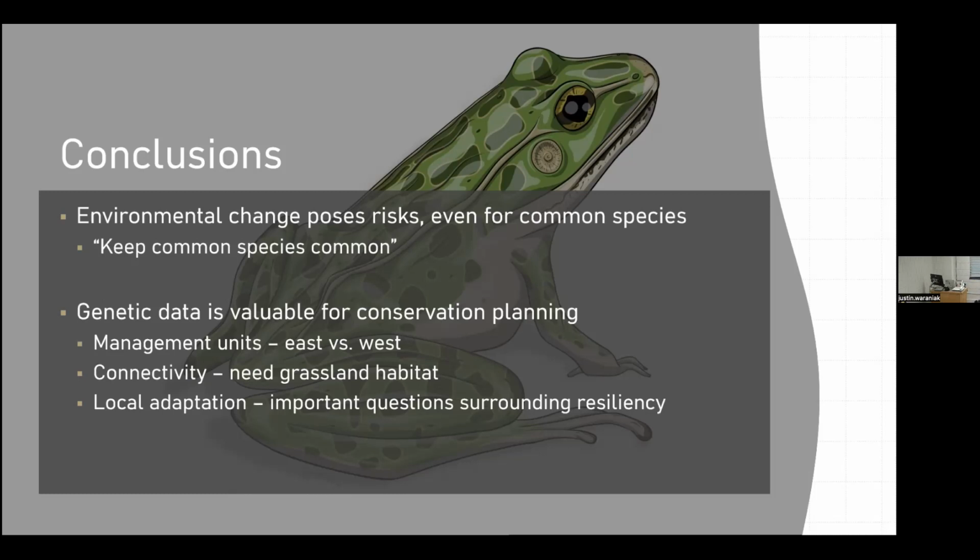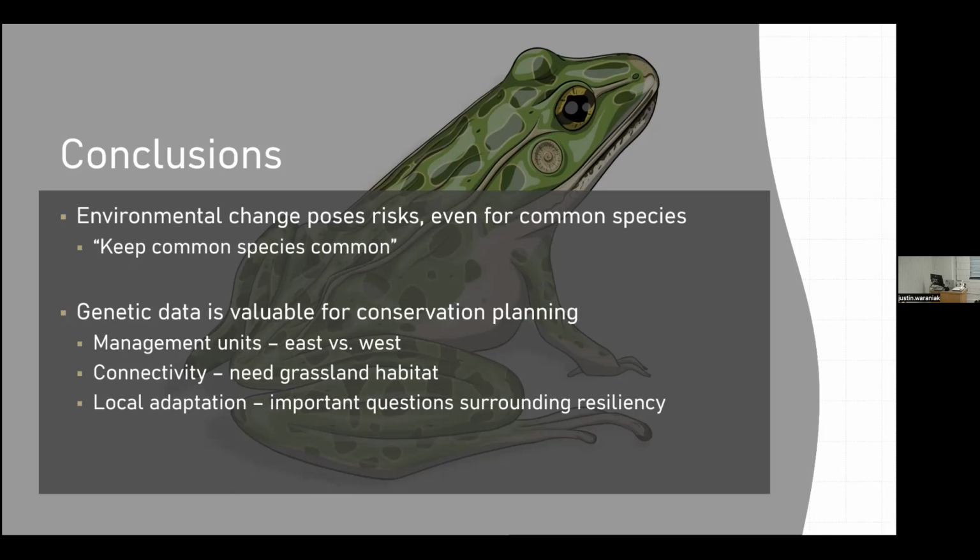From our big takeaways, we might say that we should be organizing these leopard frogs into separate management units, east and west of the Missouri River. If we want to maintain connectivity, both to maintain that high genetic diversity and to help spread adaptive alleles as the environment changes, we really need to preserve this grassland habitat.